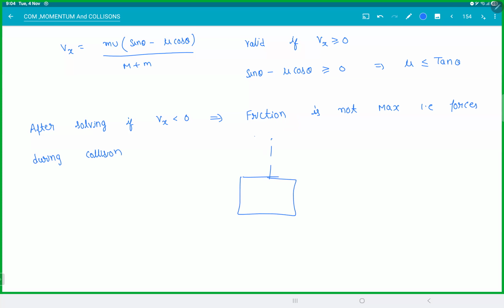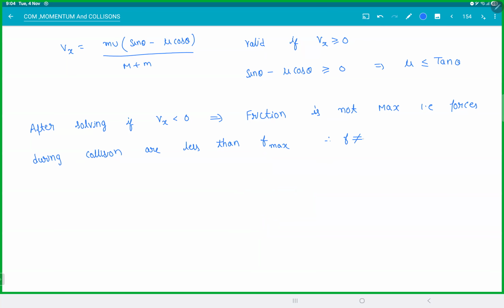What if I shoot the bullet like this, at a very steep angle? If you shoot like this, won't N become very big and the horizontal component become very small? So you don't have enough horizontal force to push the block anymore. So the forces during collision are less than F max.